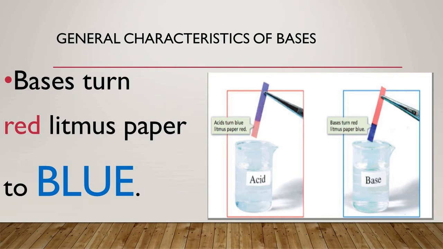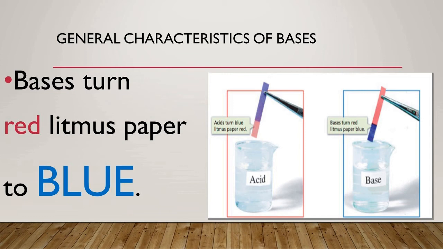Next, bases turn red litmus paper into blue. Again, litmus paper is one material used to identify basic or acidic mixtures or compounds.